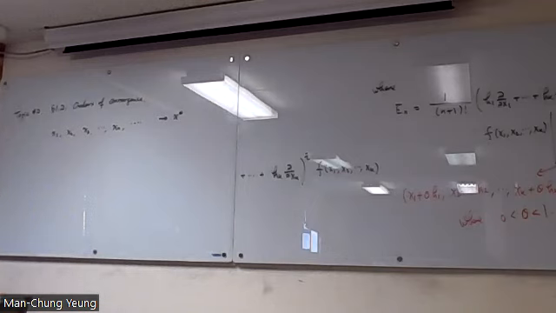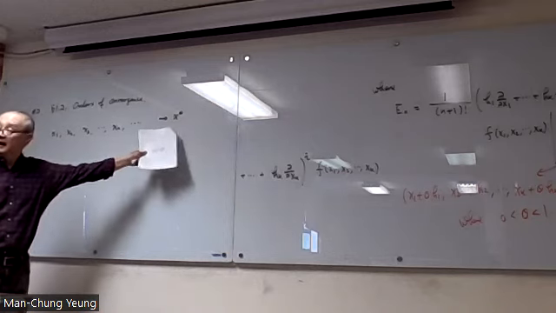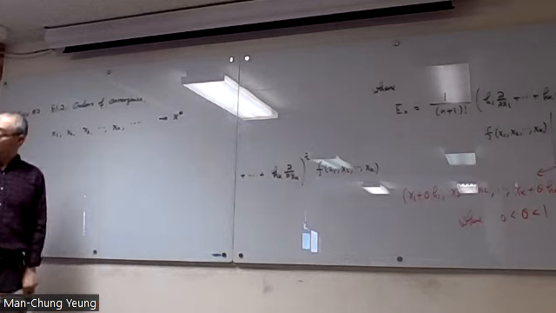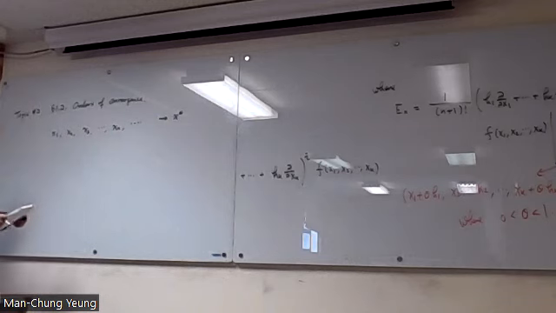Orders of convergence measure how fast this sequence converges to the point x star. Let me show you one example.